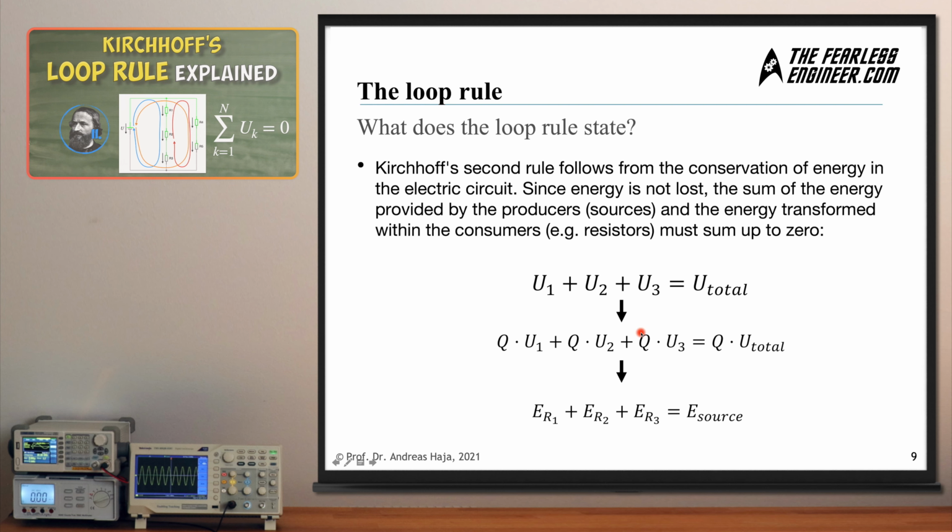So we can replace these products Q times U1 with the energy charges lose when they traverse resistor number 1, the same for 2, the same for 3, and this is equivalent to the total energy provided by the source. So this is the conservation of energy, and this follows from Kirchhoff's loop rule. So Kirchhoff's loop rule is basically the conservation of energy without taking account of the amount of charge being transported through a circuit.